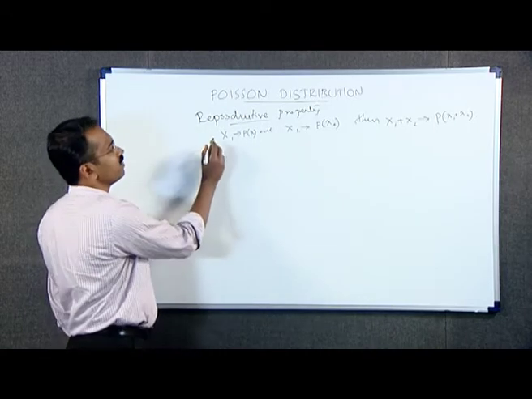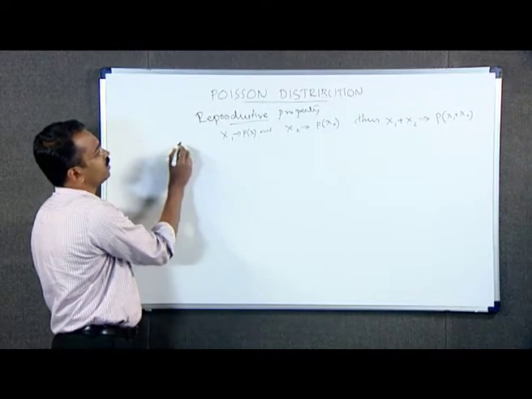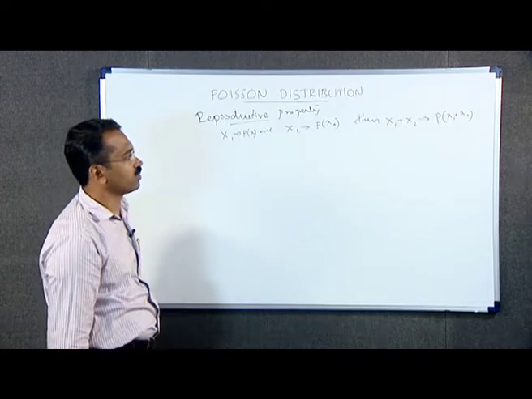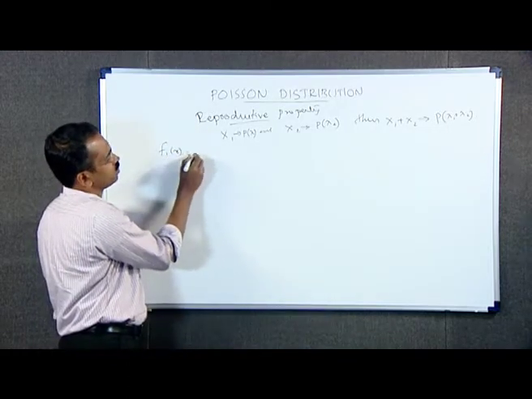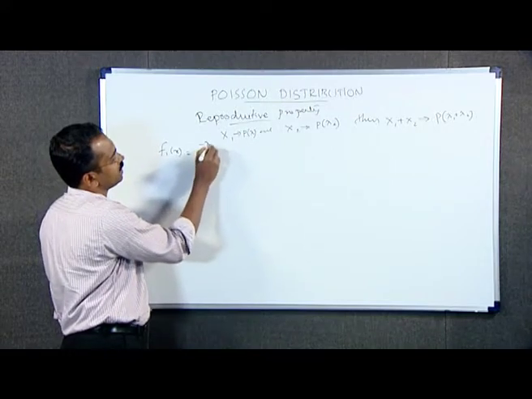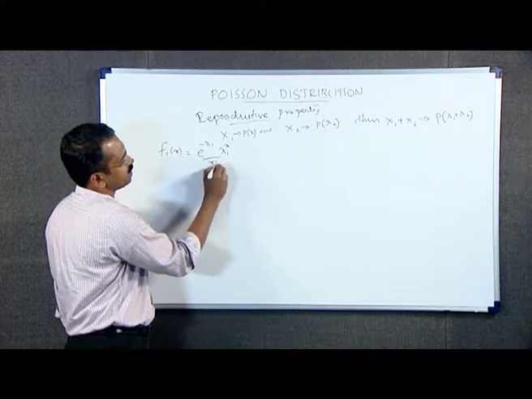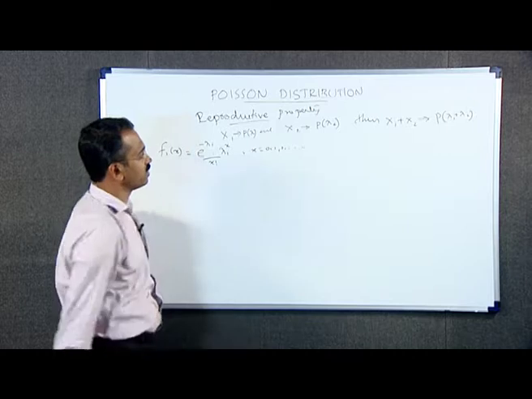By the definition of the Poisson distribution, the probability functions corresponding to x1 and x2 can be written as f1 of x is equal to e raised to minus lambda 1, lambda 1 raised to x divided by x factorial, where x varies from 0 up to infinity.